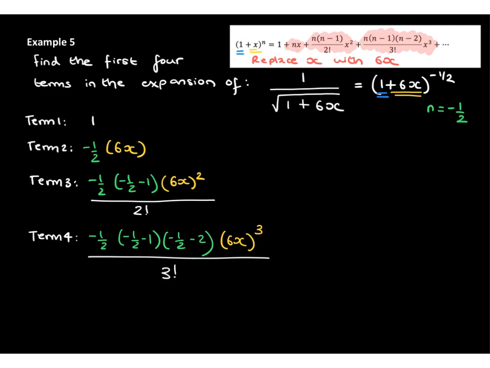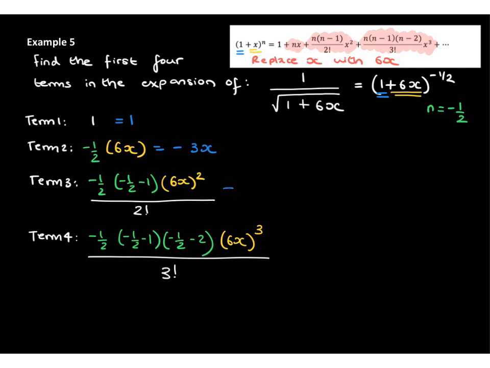Now, I would recommend taking your calculator and working out what each of these terms simplifies to very, very carefully. Remember to raise 6 to the necessary power as you evaluate each of the yellow sets of brackets. Be careful with the negatives as well. So let's see if you worked these out correctly. We'll do them in a different colour for clarity. So term 1 is just 1. Term 2 works out to be negative 3x.